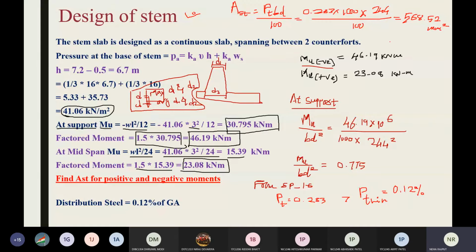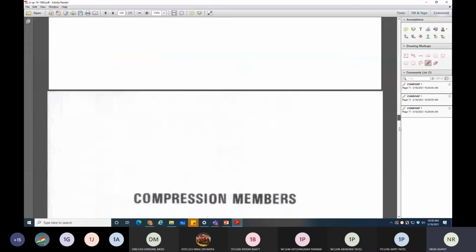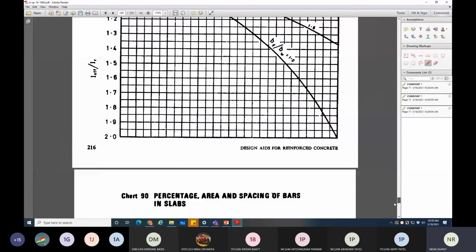So this is my area of steel for the support. Now again I am using SP16. So in SP16 page number 228 or 229.